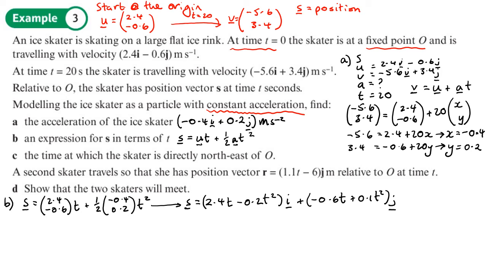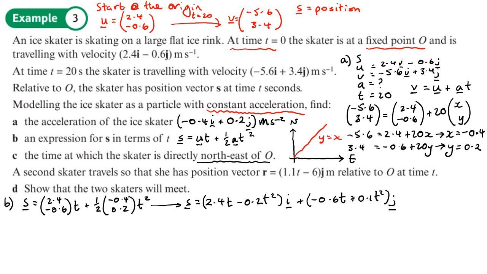And part C, it says the time at which the skater is directly northeast of the origin. I'm going to draw a diagram. I always draw a diagram for these questions. So there's my axis. So there's north, there's east. So if they're northeast, they're on this trajectory, which is actually a 45-degree angle. Now what's special about this line here, northeast? Well, it's the line y equals x.